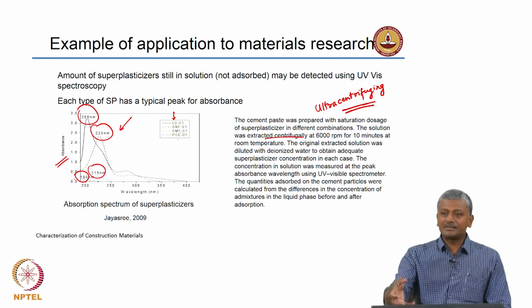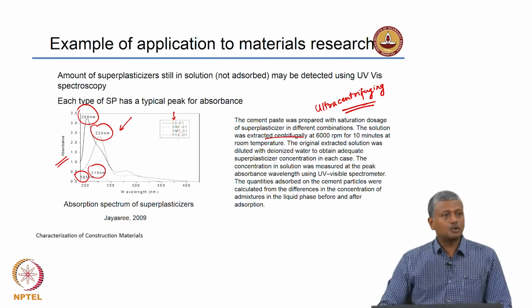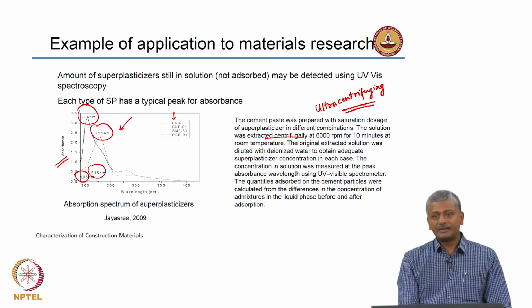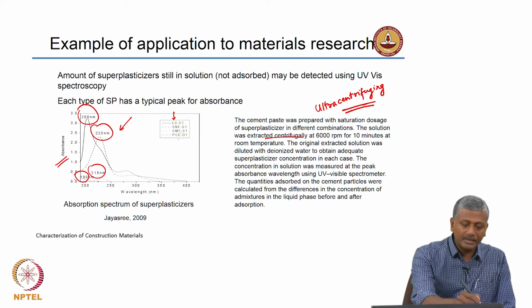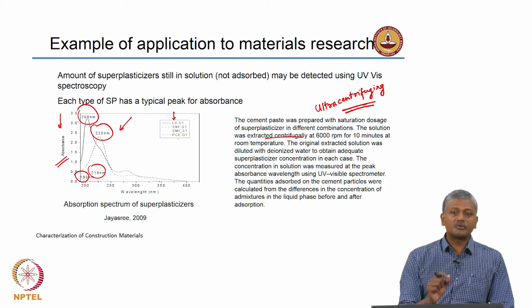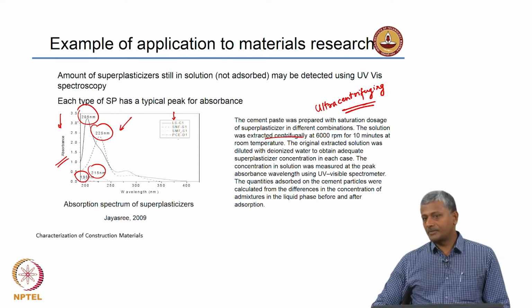So if you take the solution removed by ultracentrifuging and subject it to ultraviolet visible light spectroscopy, you can detect the presence of these species, and by calculating the relative heights of the absorbance spectra, you can determine how much of it is remaining in solution from one time to the next.